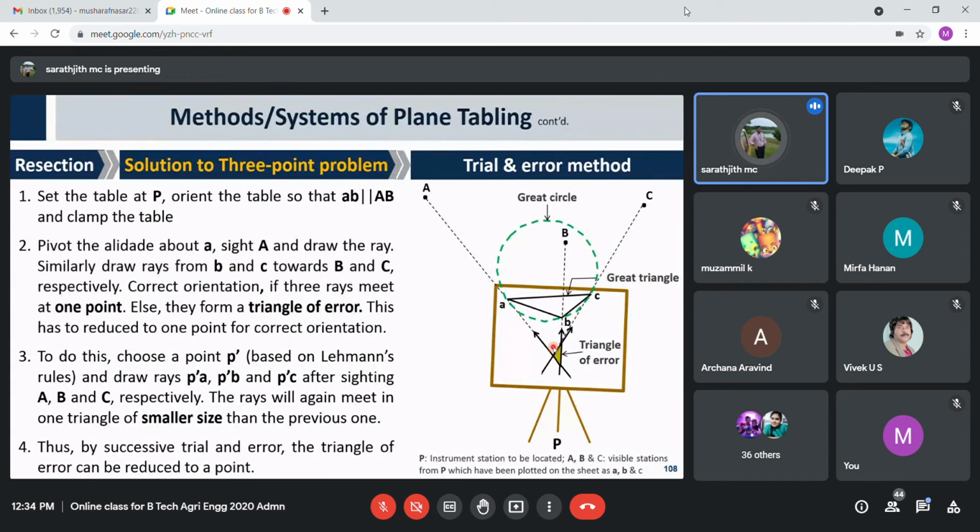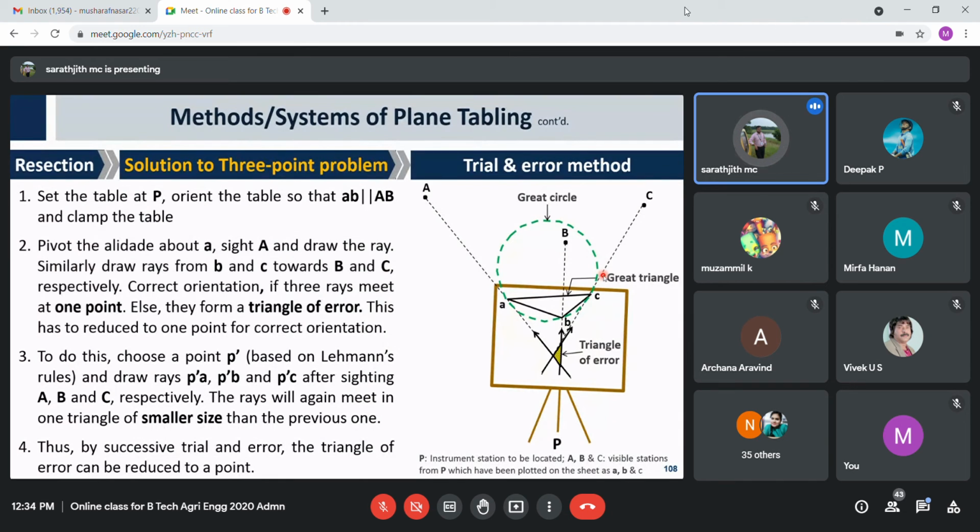Based on Lehman's rule, you will try to locate a point from which the triangle of error formed will be of smaller size than the previous one. So in the next step, you will get a triangle of error smaller than the present case. If you keep doing it, you will be following a trial and error method.